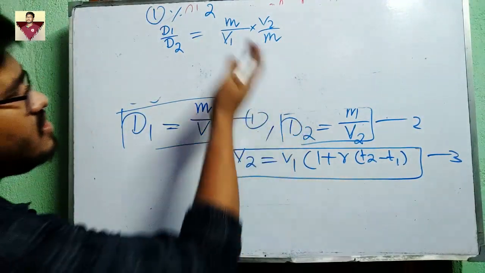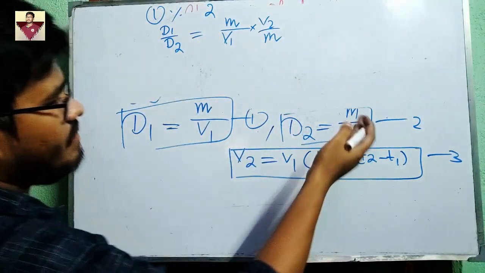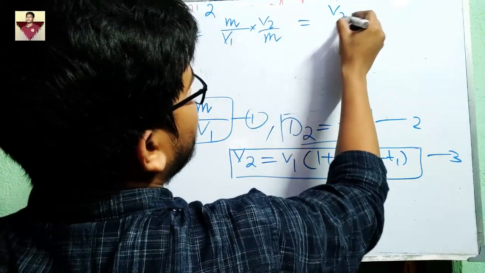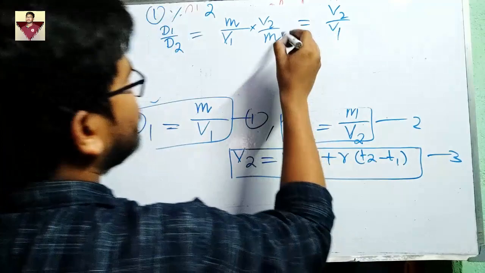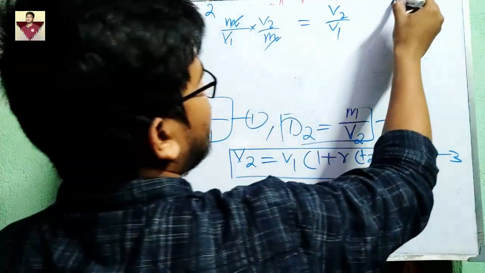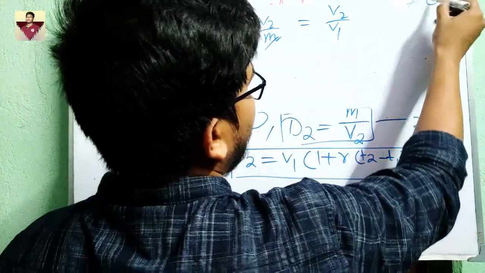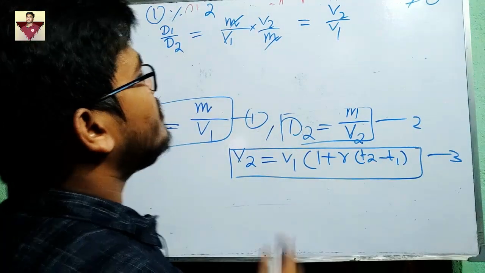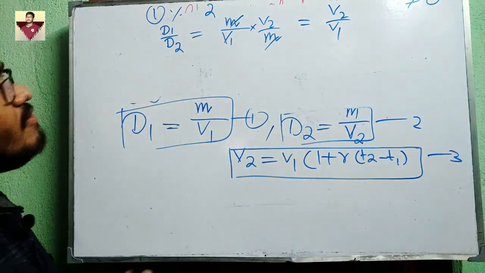I am dividing, so it will be inverse: m by V2 becomes V2 by m. So I have cancelled out m. If you are cancelling something, you should write m not equal to 0. Mass is a non-zero quantity, so we can cancel it out. So d1 by d2 is finally V2 by V1.